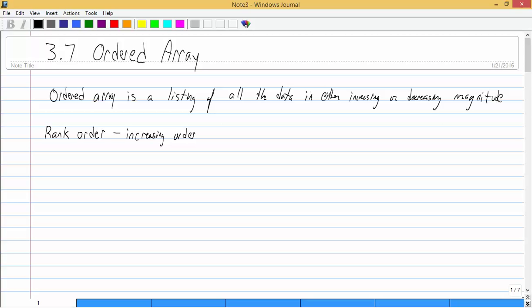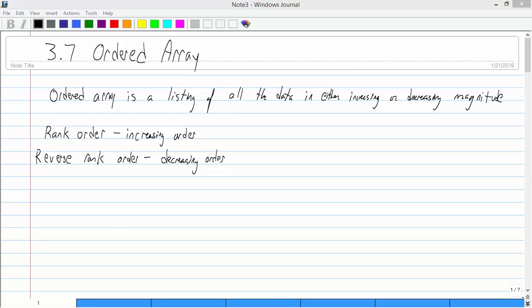And reverse rank order, I think your brains could probably figure that out before I could tell you what that would mean. That would simply be decreasing order. So pretty easy concept to understand.